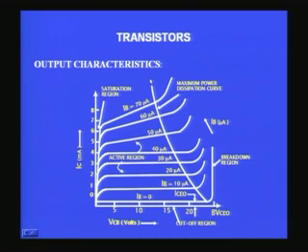Then we should also remember now that every transistor comes with a very specific power rating. That means the maximum power that it can dissipate, which is given by the product of VCE into IC in this case. So, when it exceeds the maximum power allowed for a given device, then we should not go beyond that point.